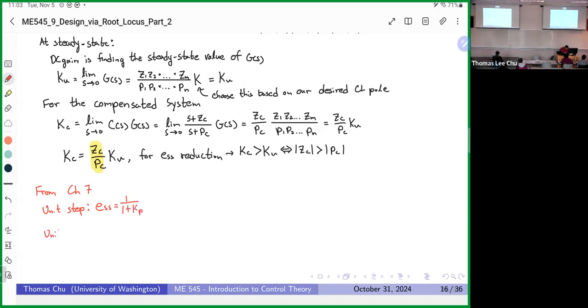A unit ramp has a steady state error of 1 over KV, and a unit parabolic has steady state error of 1 over KA, where we can find our constant values defined as such.